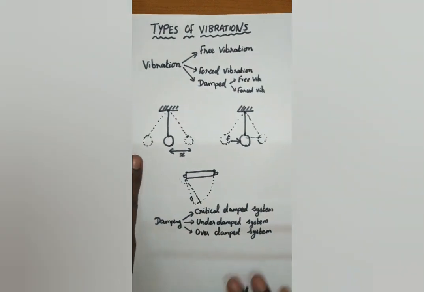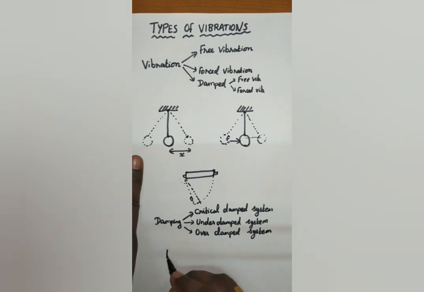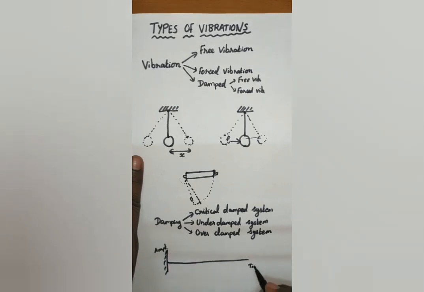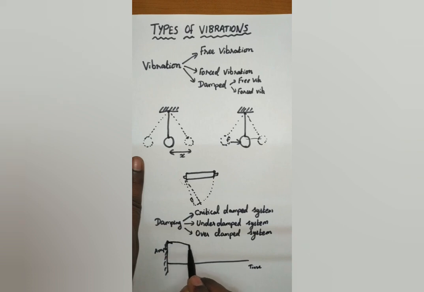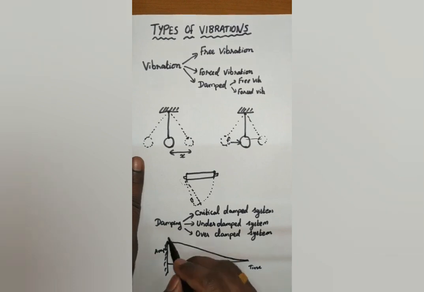So if I draw the amplitude versus time, obviously the vibration in case of critically damped system will slowly reduce and reach one particular point uniformly.